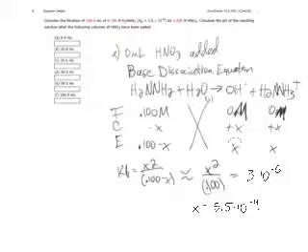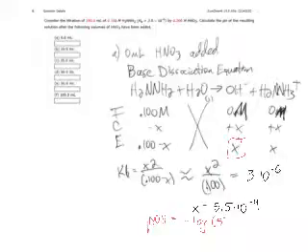And in this ice table, x is the equilibrium hydroxide concentration. So when we go to calculate pOH, we just take negative log of the value of x, and that works out to be 3.26.